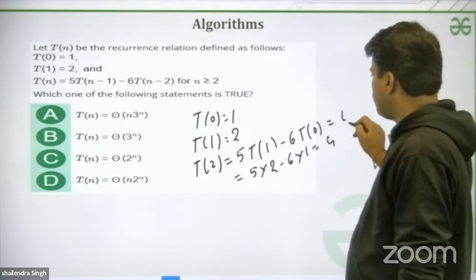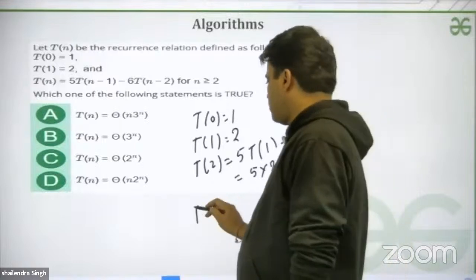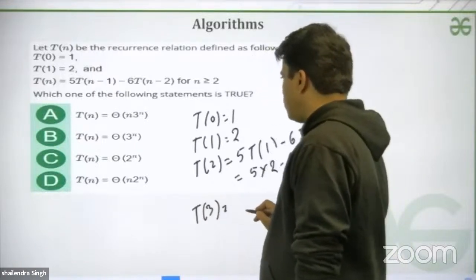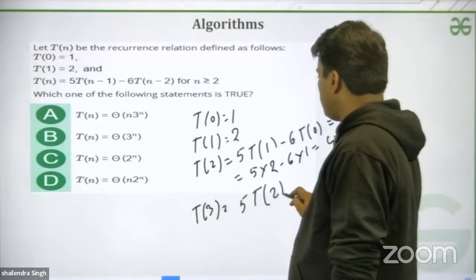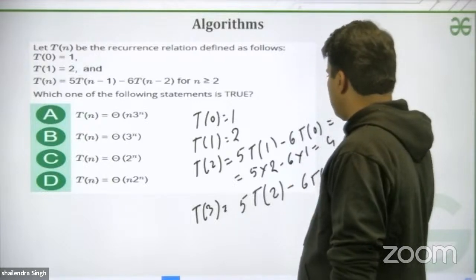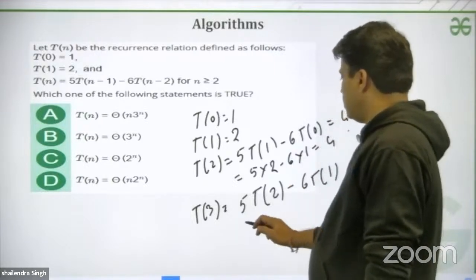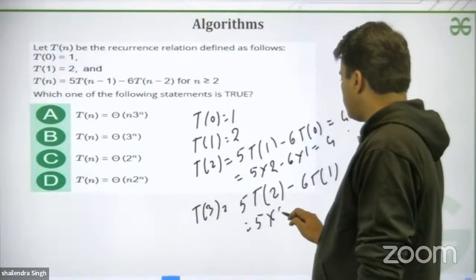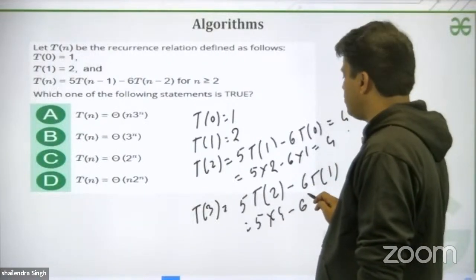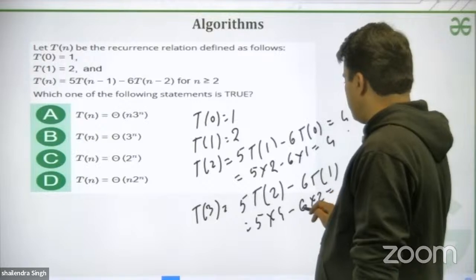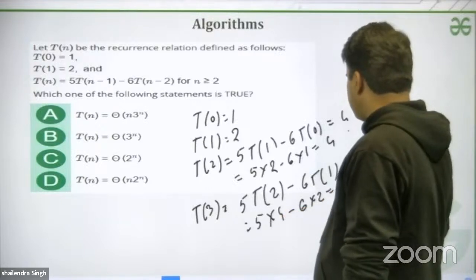So t2 equals 4. Now t3 equals 5 into t2 minus 6 into t1. So 5 into t2, t2 equals 4, minus 6 into t1, t1 is 2. So it will be 20 minus 12, which is 8.